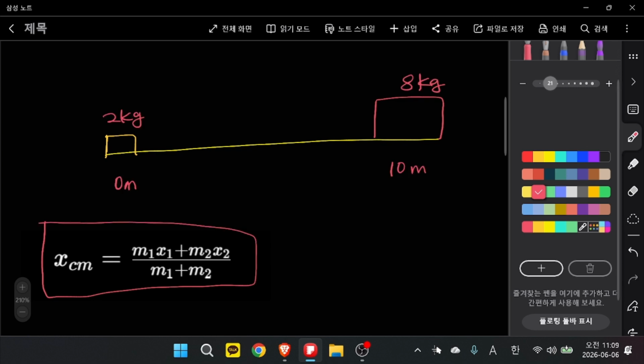Suppose a 2-kilogram object is at position 0 meters and an 8-kilogram object is at position 10 meters.